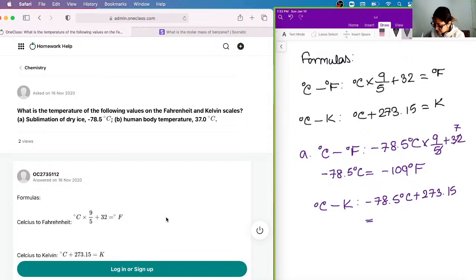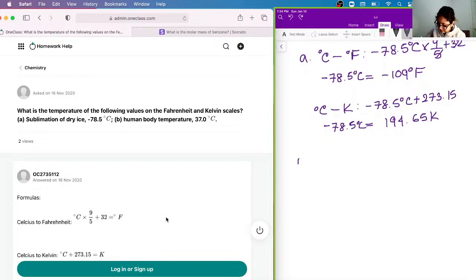When you add this together, you have 194.65 Kelvin. Okay, so negative 78.5 degrees Celsius is the same thing as saying 194.65 kelvins.